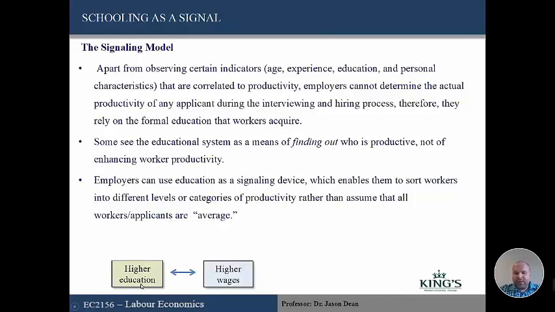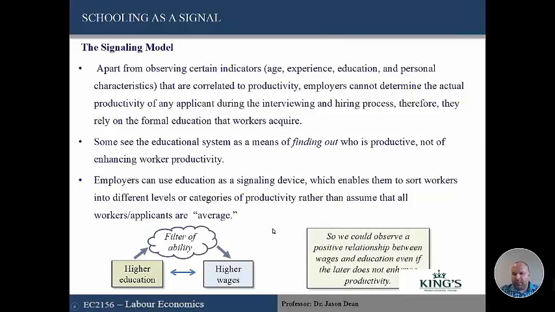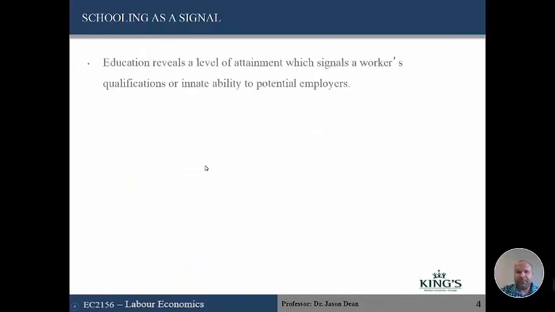So the relationship between higher education and higher wages is not because of the education itself, but through education being a filter of ability. So we can observe a positive relationship between wages and education, even if the latter does not enhance productivity. And we'll see why.